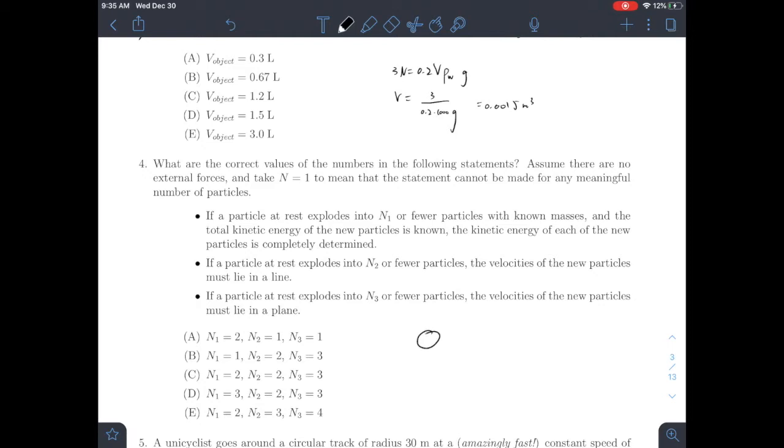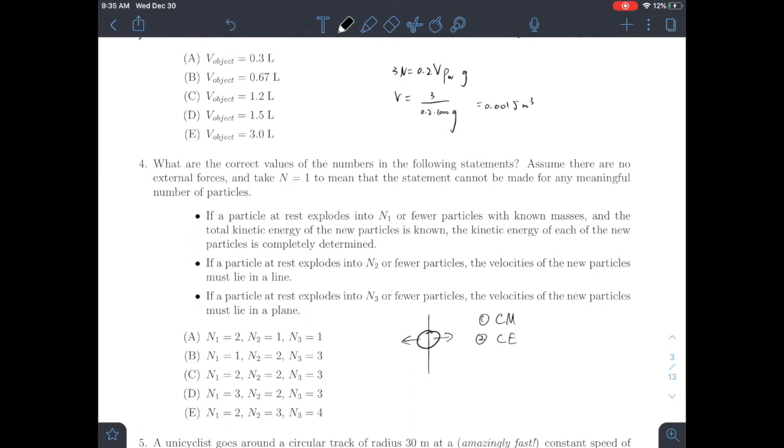So let's first look at what if n1 equals 1. Then we just have one particle with one energy. Then clearly we know the velocity doesn't change, so we know the new velocity. What if there are 2? Then we know the conservation of momentum: they have to be equal and opposite in direction. Then we have the conservation of momentum equation and the conservation of energy equation. Two equations solve for 2 unknowns, v1 and v2.